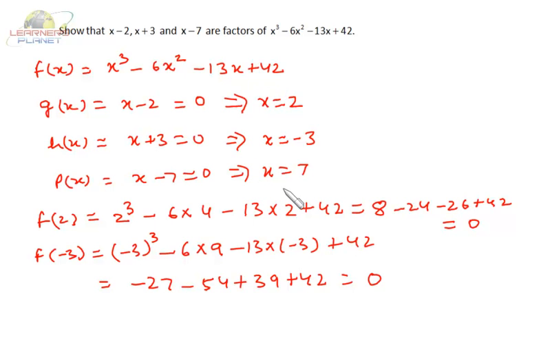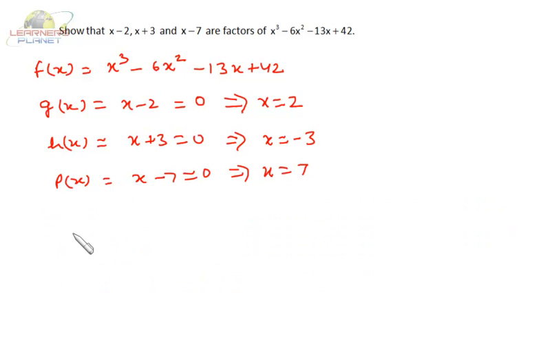Now we have to find out for x is equal to 7. Now let's calculate f of 7. So it's 7 cube minus 6 into 7 square minus 13 into 7 plus 42.